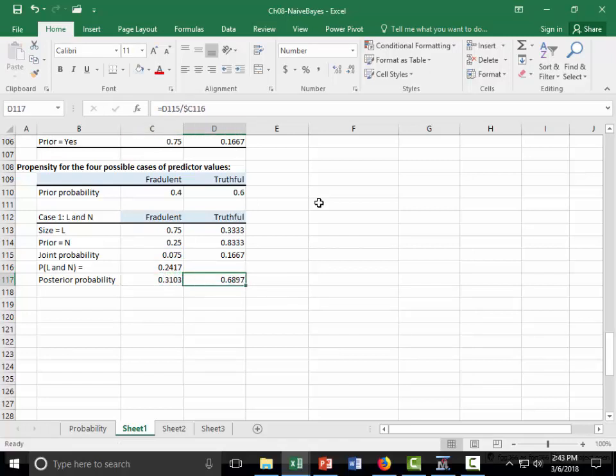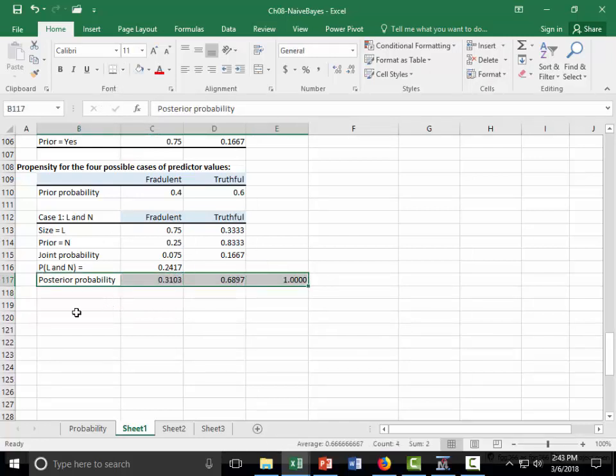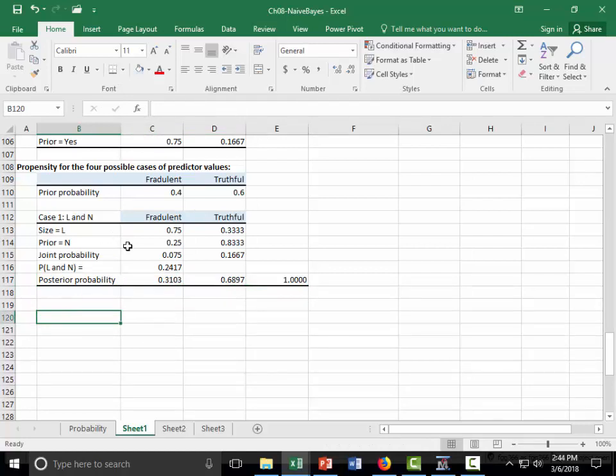Of course, these two should sum to 1. So that's case 1. And we repeat the same process for the others.